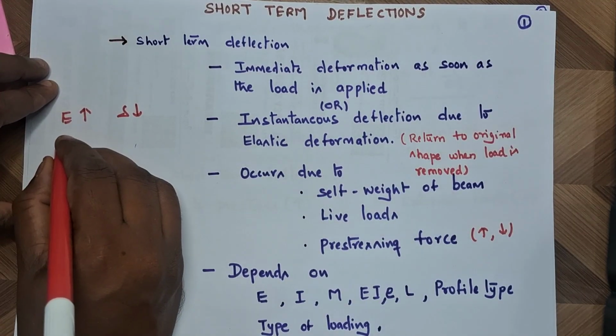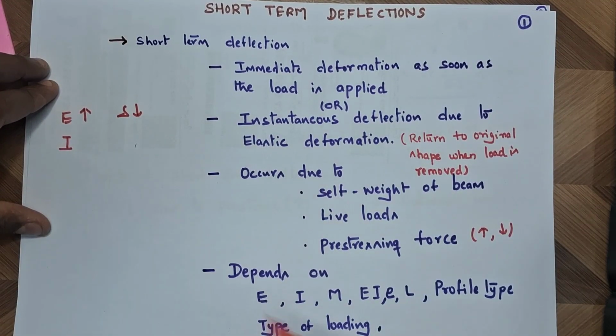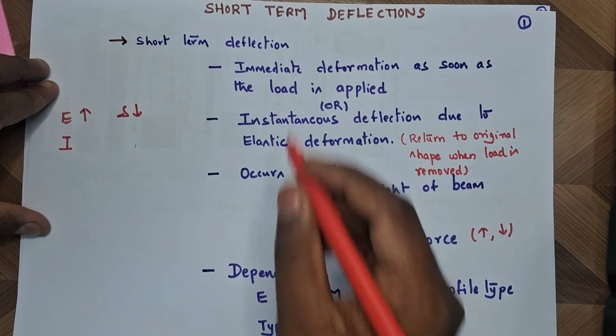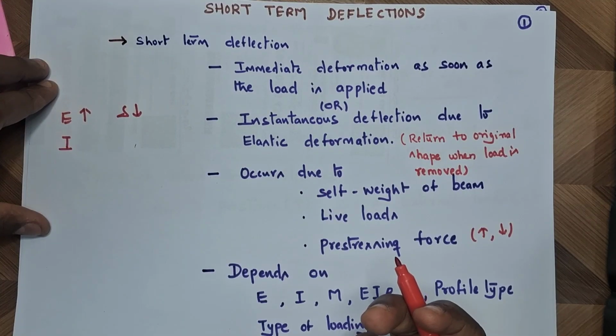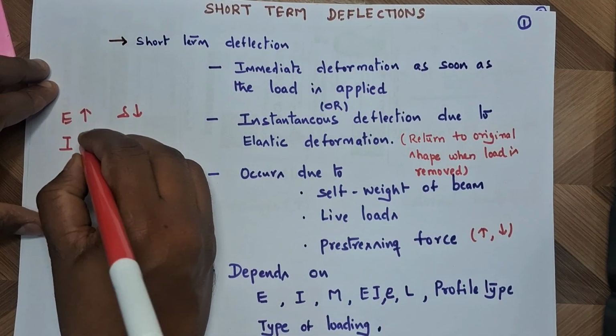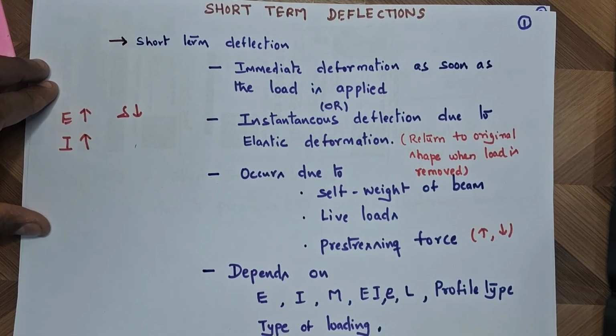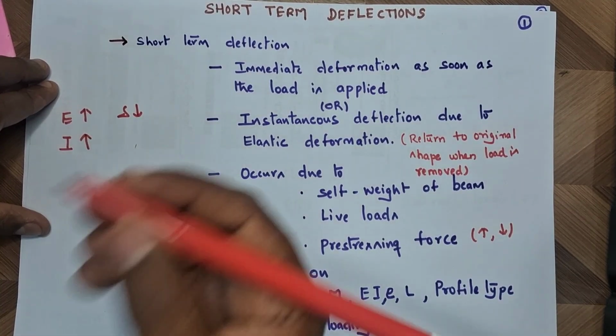Next, moment of inertia of uncracked section. Moment of inertia, we can call it a shape, right? Short-term deflection will also depend on the shape of the structure. If we have a large moment of inertia, it means it is stiffer.